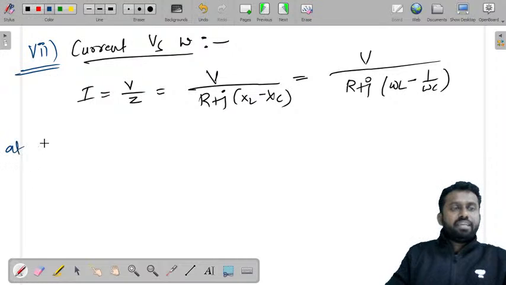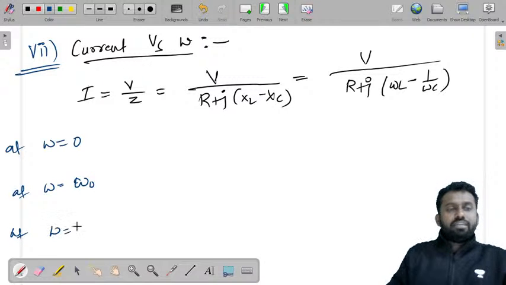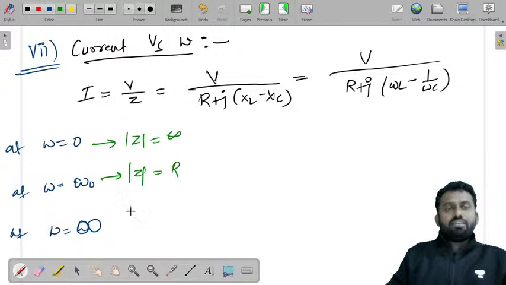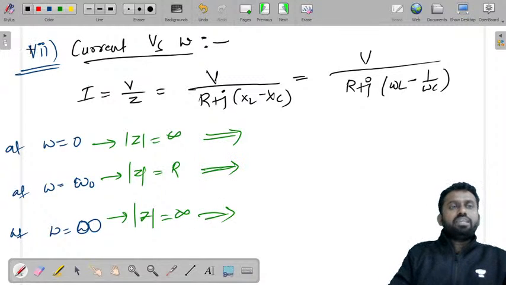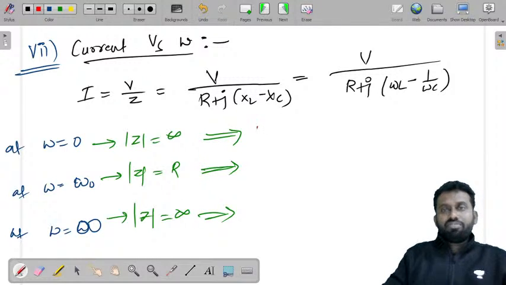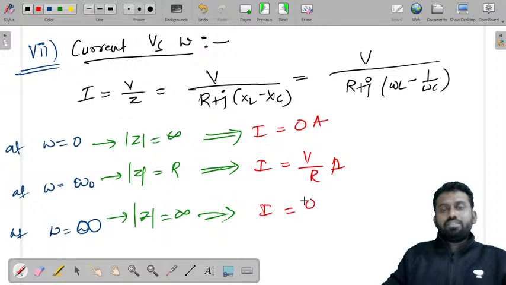And we have seen at omega equal to 0, omega naught, and infinity, the value of mod Z is infinite, R, and infinite, which implies I is equal to 0 amps, V by R amps, and 0 amps.